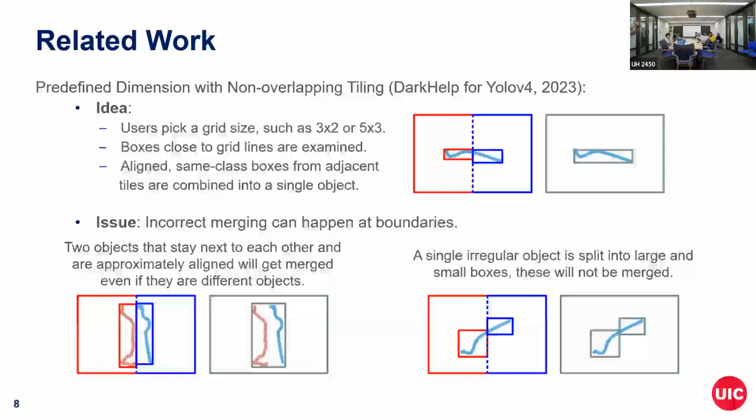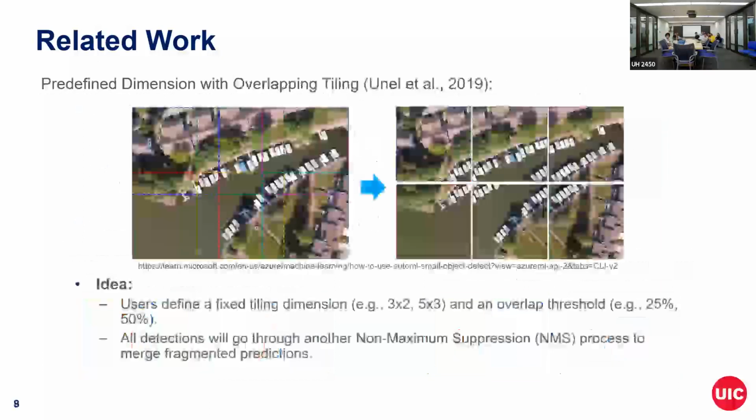For example, if we have two objects that are relatively aligned and have the same class, they are going to be merged into one object, which is not what we want. And also, if we have one object but its orientation is a little bit off and we don't have aligned boxes, then it is not going to get merged, which is also what we don't want.